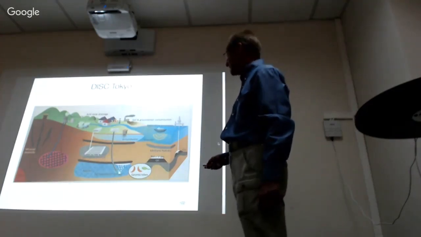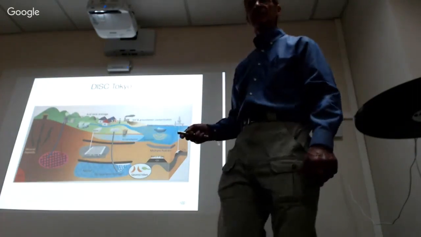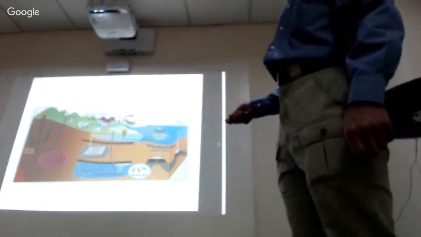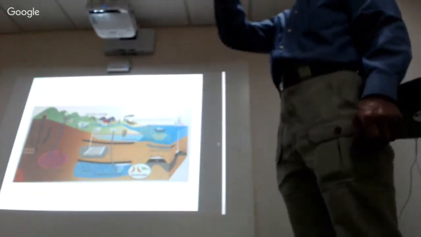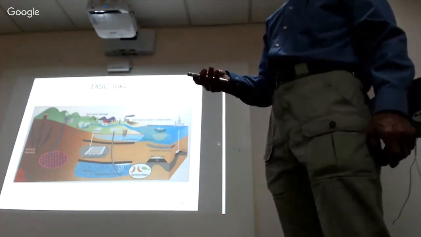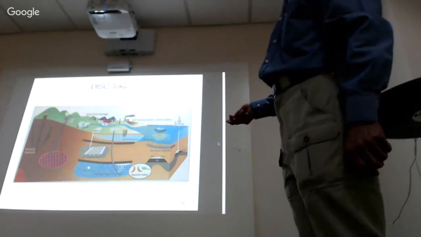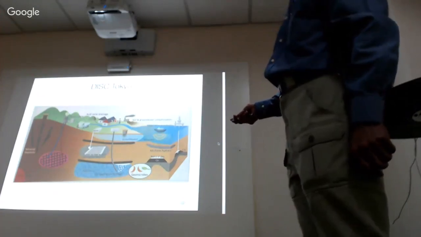Putting stuff in the ground: CO2 sequestration, or maybe aquifer storage. This is something that we'll see a lot more of in the future, especially as the rain cycles get more problematic, we need to find some way in times of heavy rain to store things, and in times of drought, be able to call it up. Radioactive waste disposal.